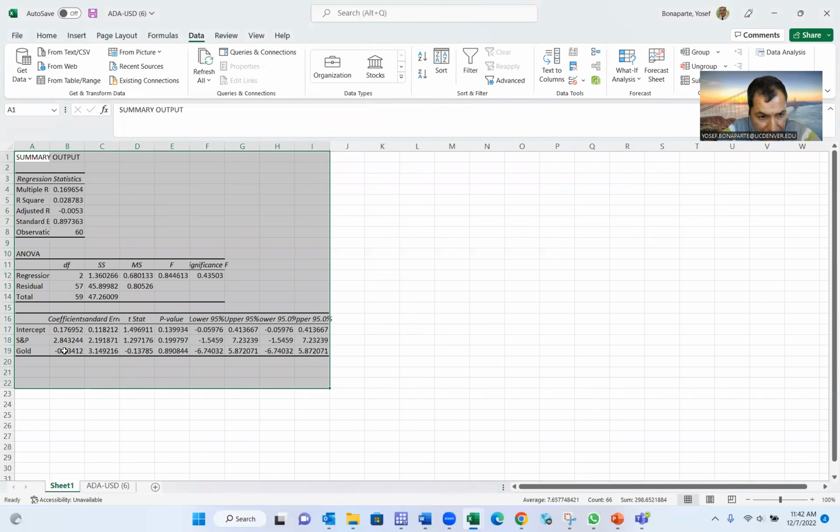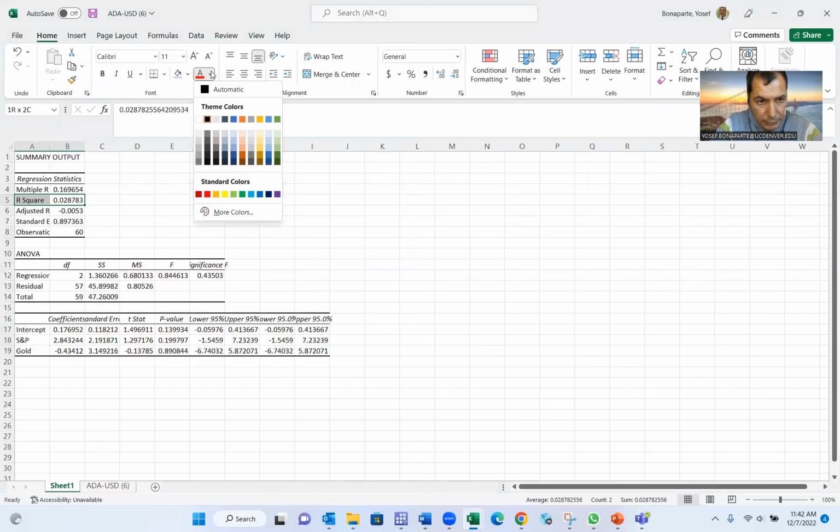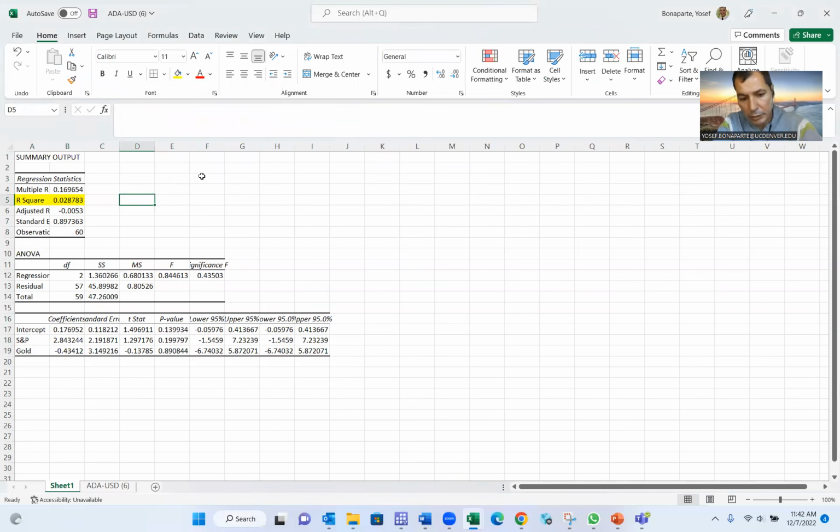So based on this analysis, first of all, R square reflects the fitness of the model to the data.